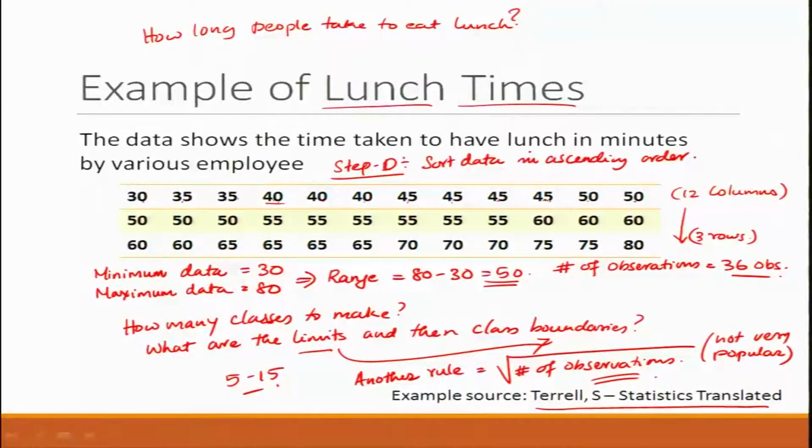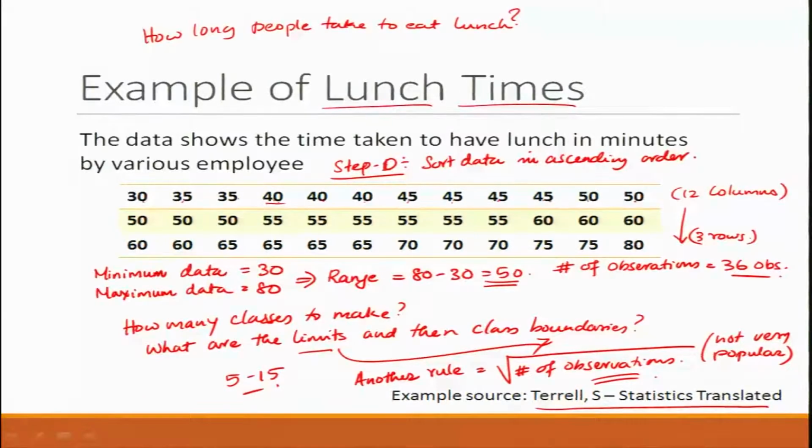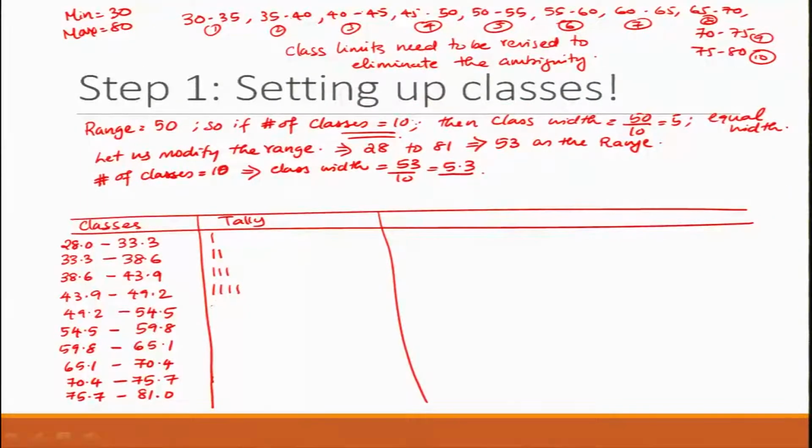Then 43.9 to 49.2. Between that only 45s will come, 4 of them. So, then we basically do 1, 2, 3, 4. Then 49.2 to 54.5, go back and all you get is 50, 5 50s. So, it will be 1, 2, 3, 4, 5.